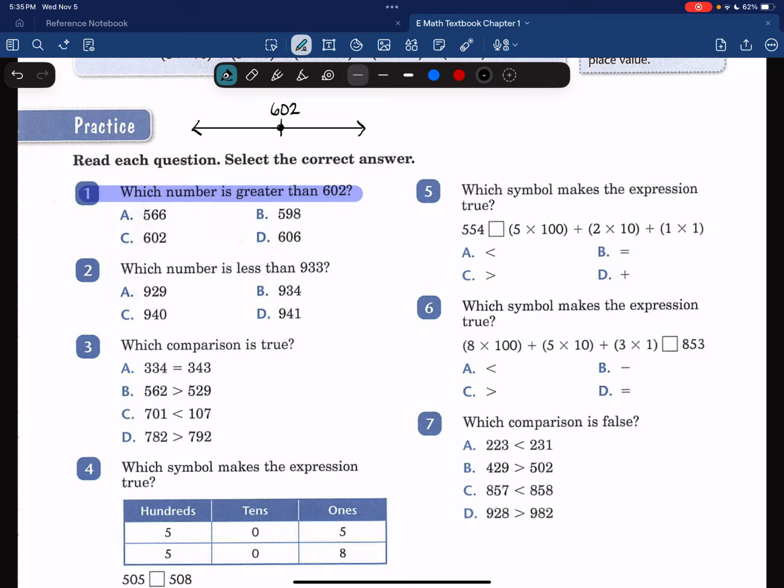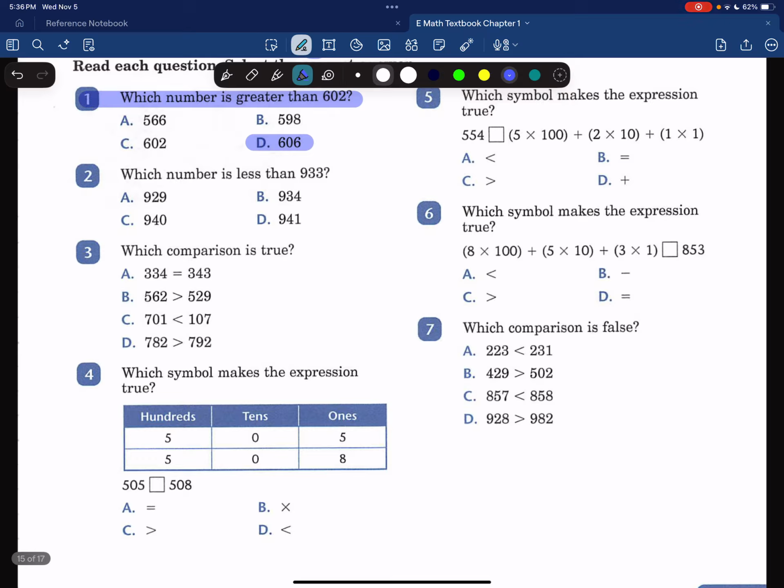The first choice is 566. That would be less than 602. 598 would be less than 602. 602 is equal to 602, but 606 is greater than 602. And of course, that's the answer we want to choose. D as in Delta.